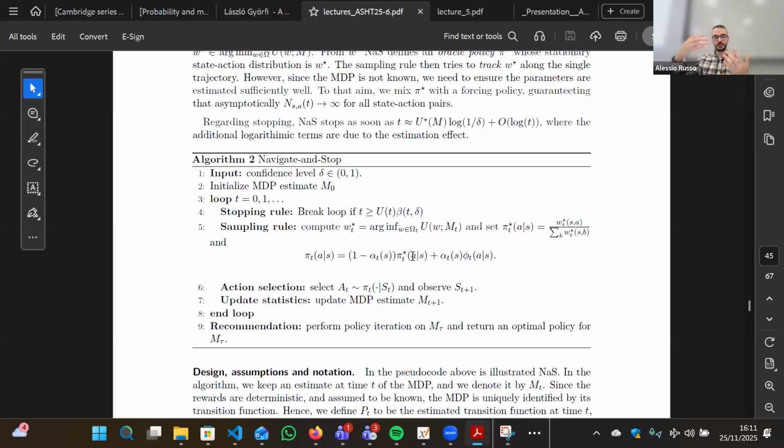And then what you want is that your average selection frequency, so the average visitation of state action pairs, you want this vector to try to track this stationary distribution, which is changing over time. And this is the main issue of the analysis.